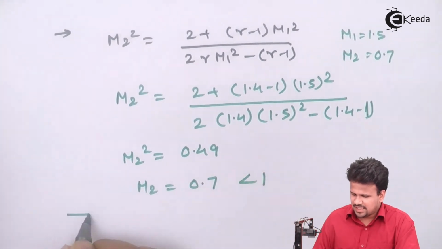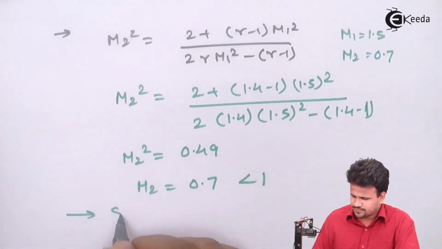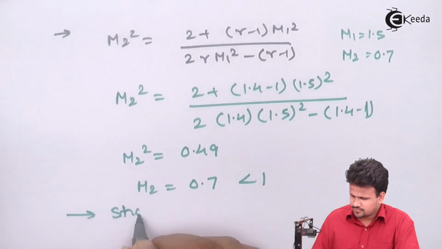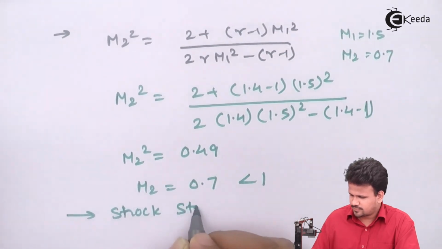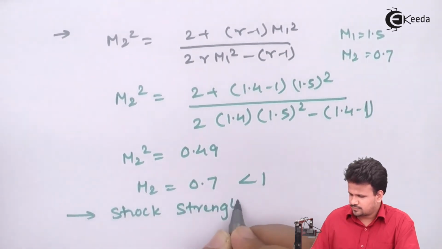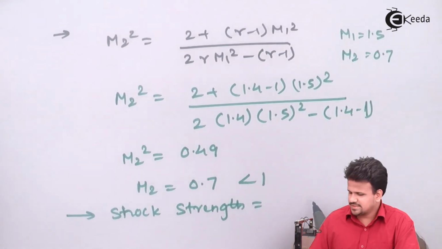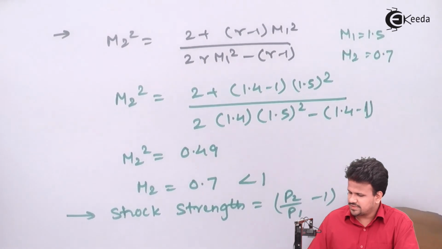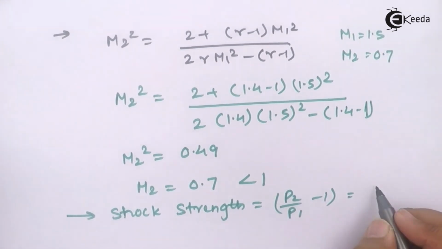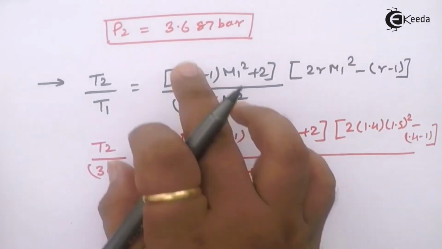Now next, let us calculate the shock strength. The shock strength is given as P2 upon P1 minus 1. So this will be equal to the final pressure which we have calculated in the previous section, which was 3.6.